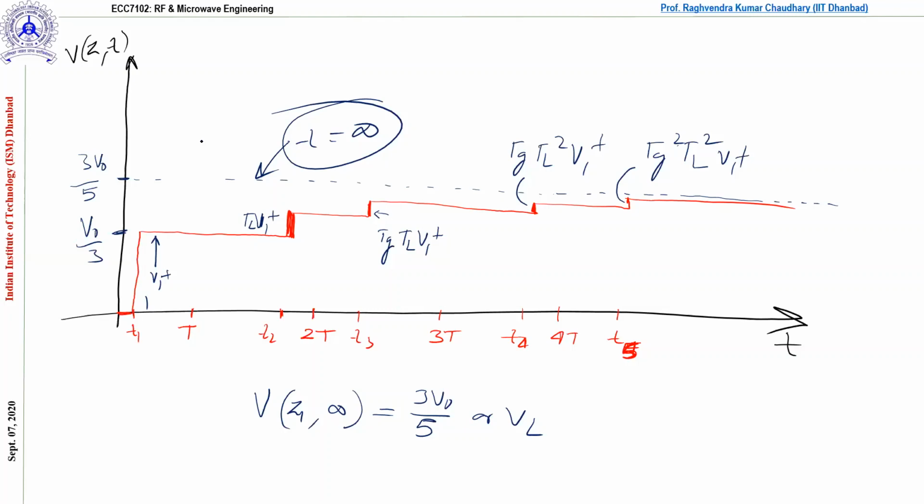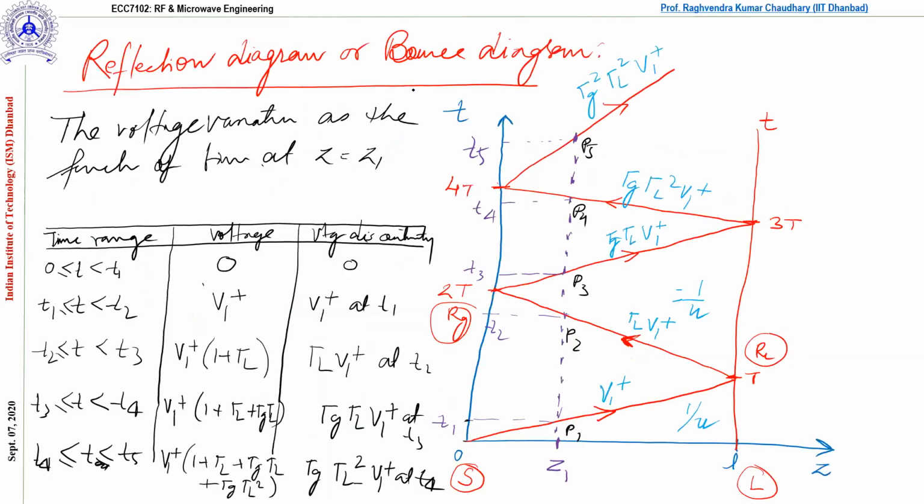On the other hand, we have already seen how the wave will behave at a particular time in the transmission line, so we also have got the idea, fine. So we can also draw that thing, if you remember these things.